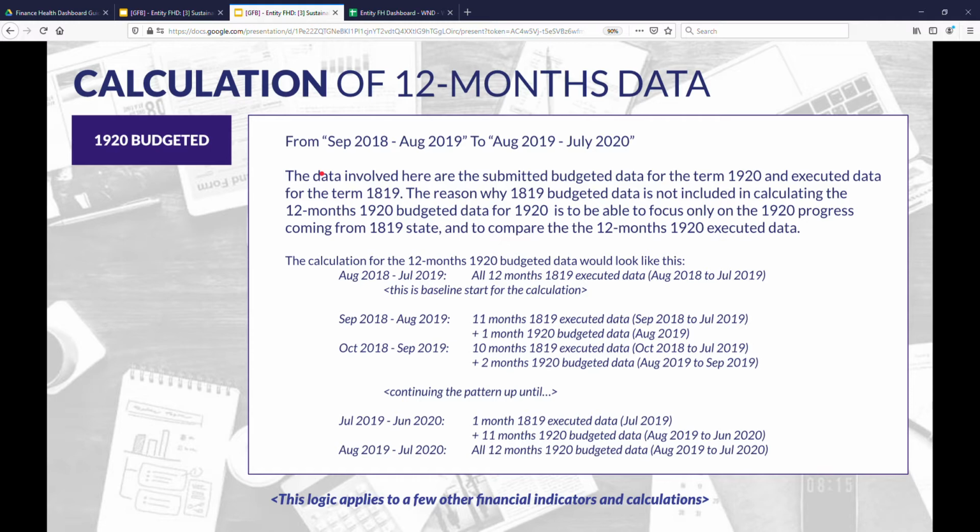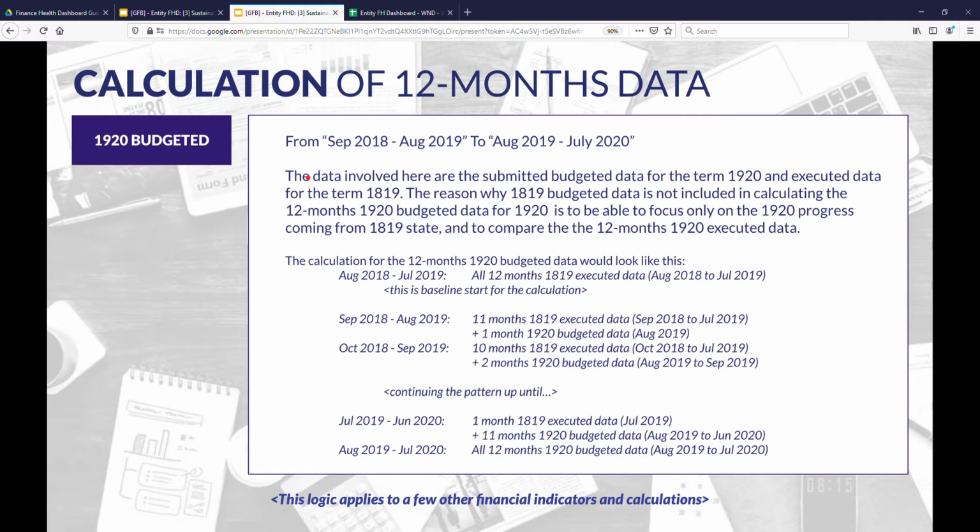The reason 1819 budgeted data is not included in the 12-month 1920 budgeted is to focus only on 1920 progress coming from the 1819 current state, and to compare with 12 months 1920 executed. It's more about how we compare progress at this point, and also because the way we do budgeting, we always base it on the financial state of the entity. There are also a lot of times where an entity can do too much over-budgeting.